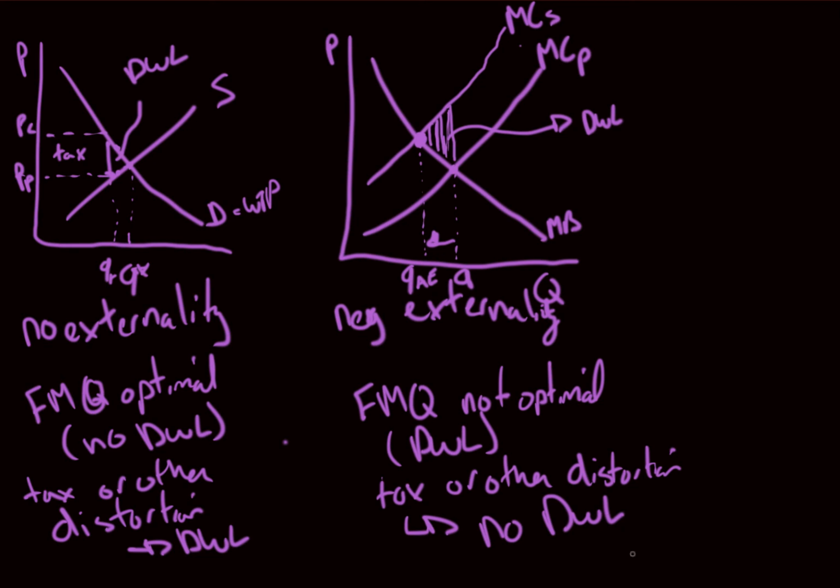But if we could tax goods that had negative externalities so that the consumption of those goods would be reduced, then it would be a better situation for society, because those taxes, once again, serve the purpose of distorting behavior, but also of collecting money to fund social services.